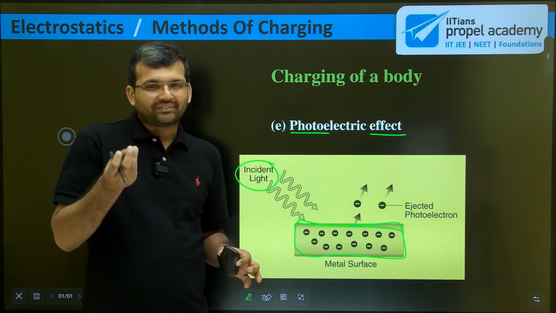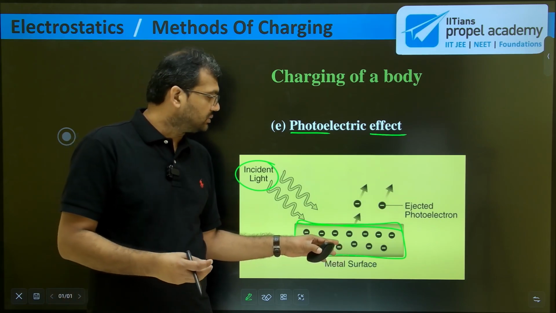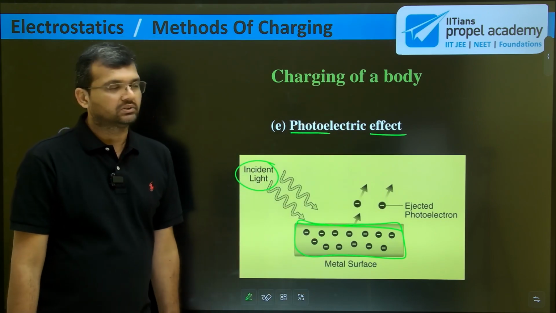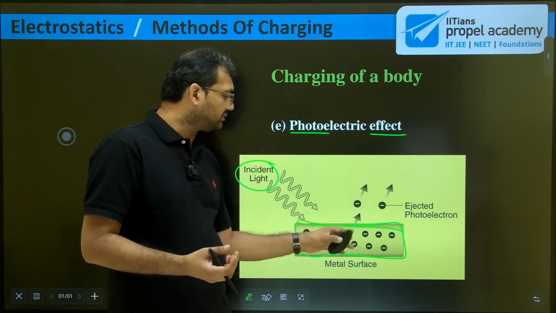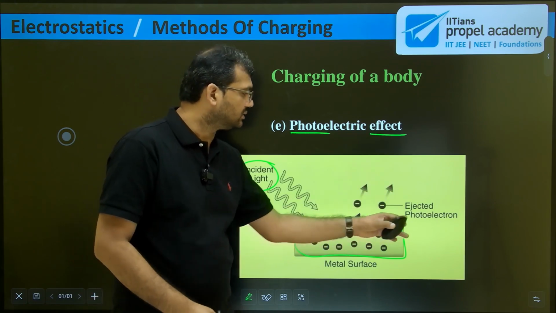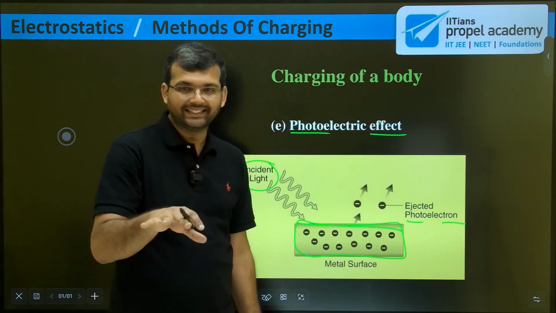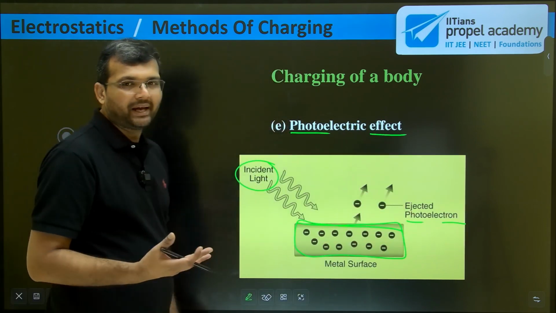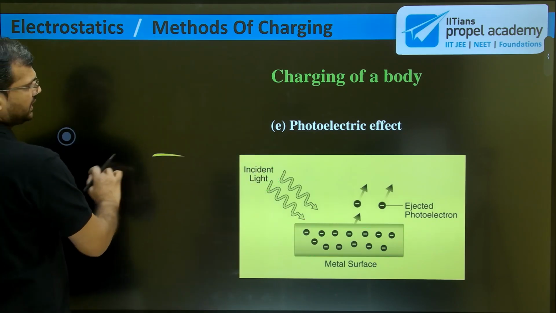If you give sufficient energy to the metal, the minimum energy required for electrons to come out from the metal, then they come out. So photoelectrons are the electrons coming because of light. That's why it's called a photoelectron. All solar panels and sensors right now use this idea, the photoelectric effect.